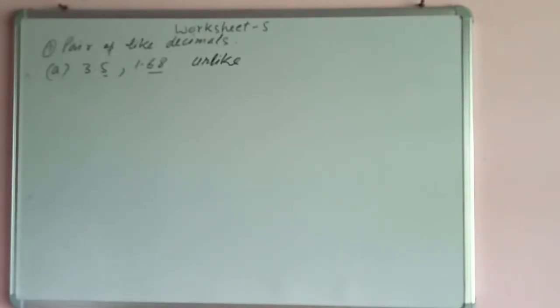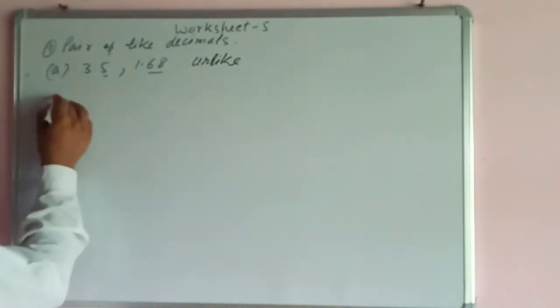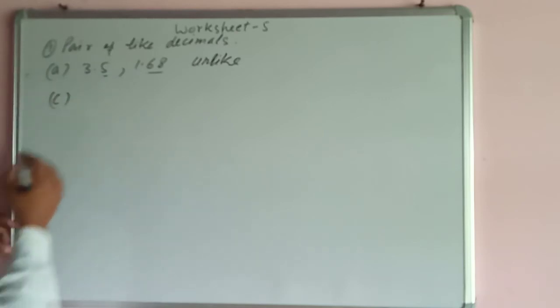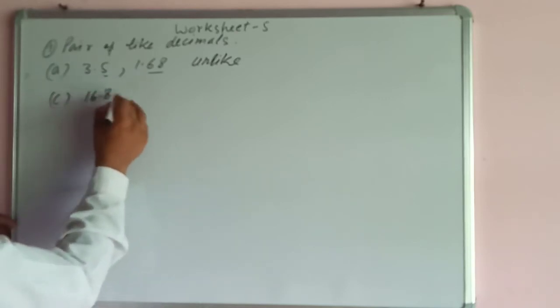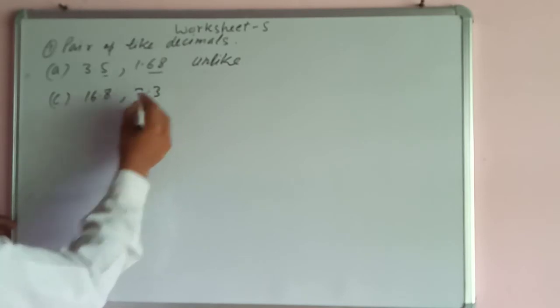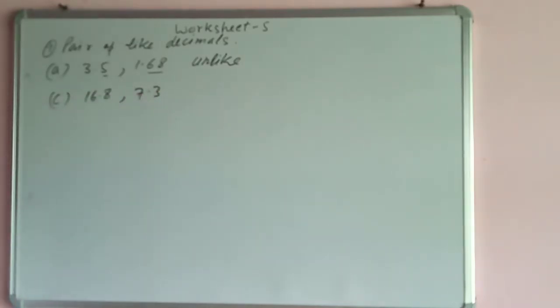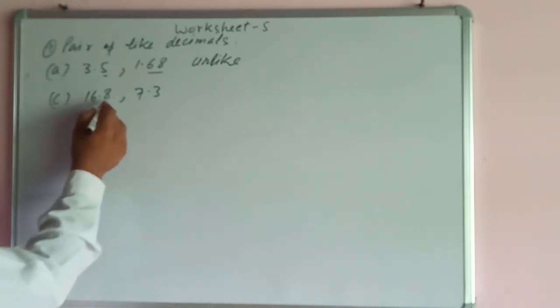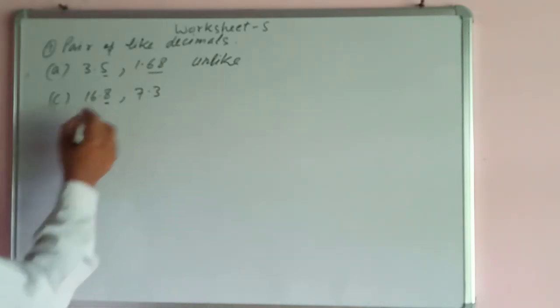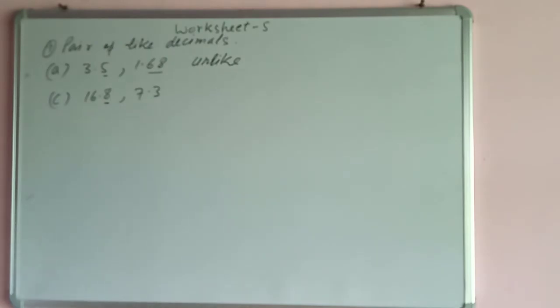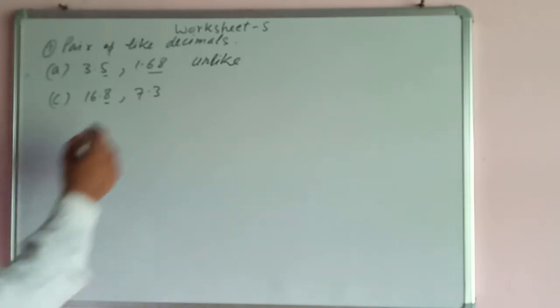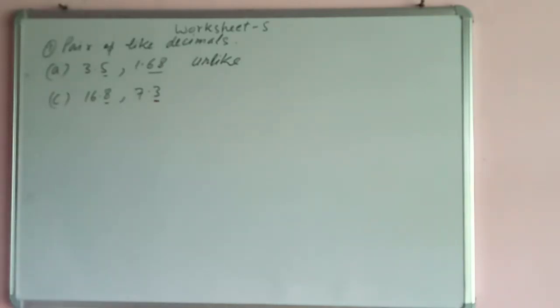So it is unlike. Next, part number C, it is 16.8 and 7.3. Here in the first decimal there is one place after the decimal, or we can say the decimal part contains only one place, and in the second decimal there is again one place after the decimal on the right side.